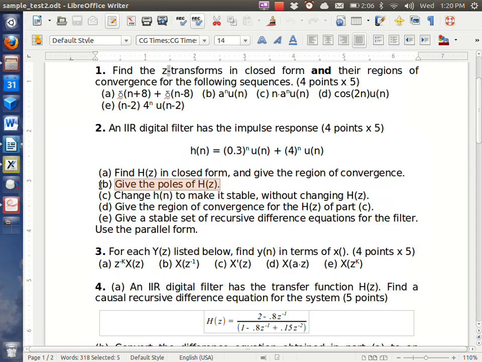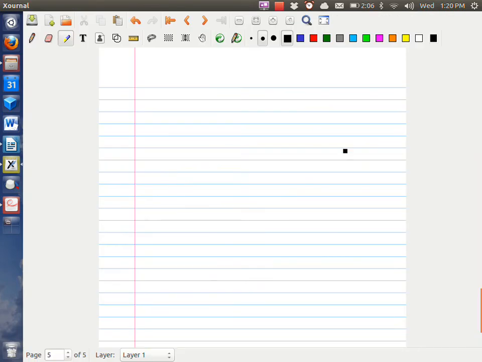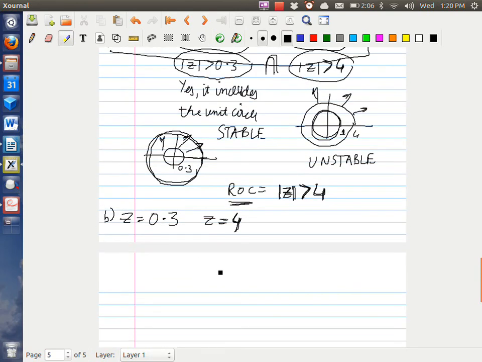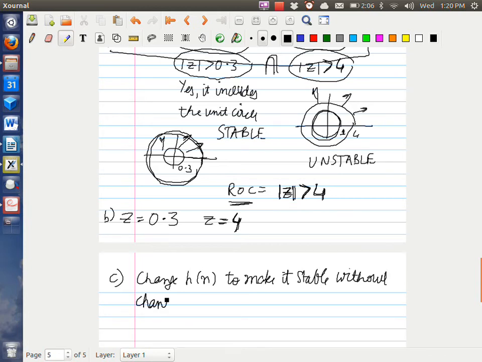Then change h of n to make it stable without changing H of z. And I think we just did this on Monday. So change h of n to make it stable without changing ROC.